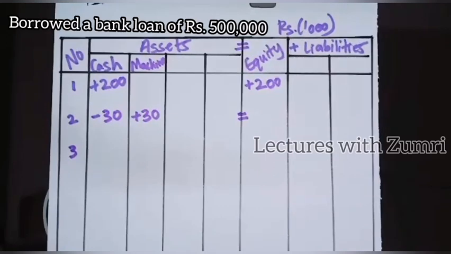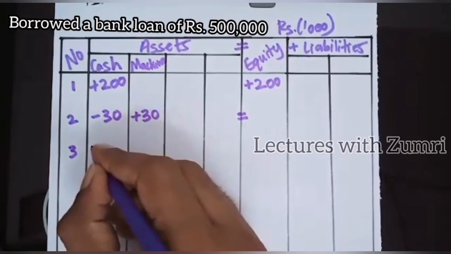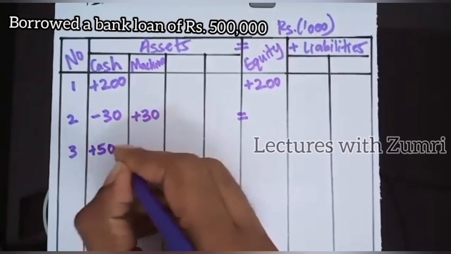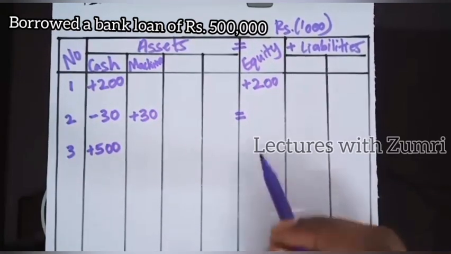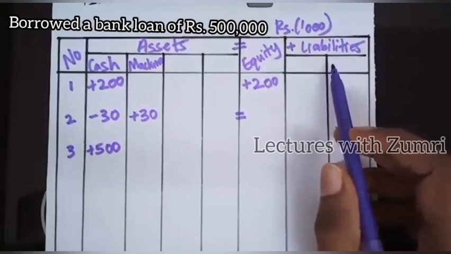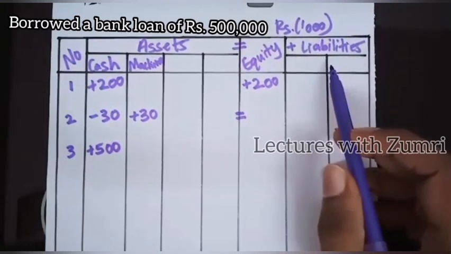Question 3, it says borrowed a bank loan of 500,000 rupees. Right, if we borrow a bank loan, we will be getting money. So our cash will be increasing, and also the bank loan should be considered as a liability because it is payable, right?